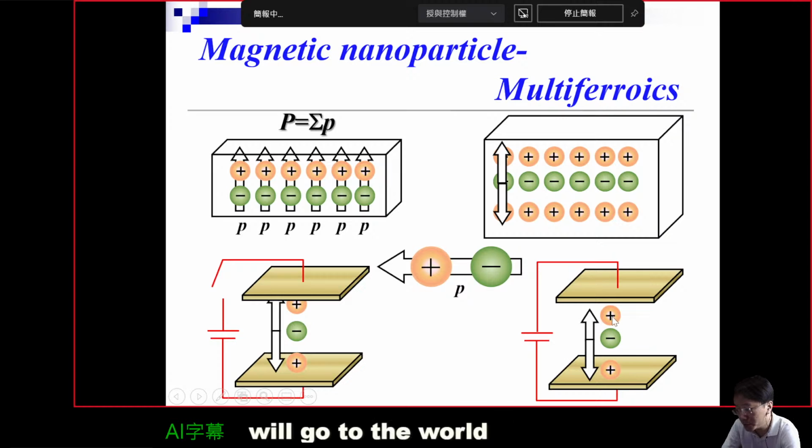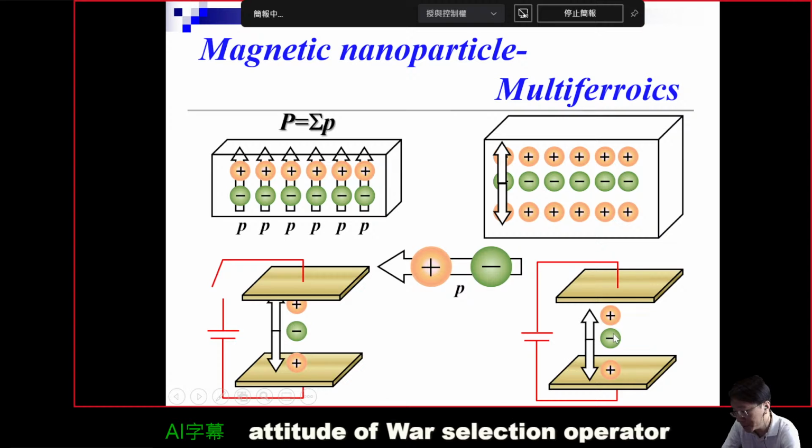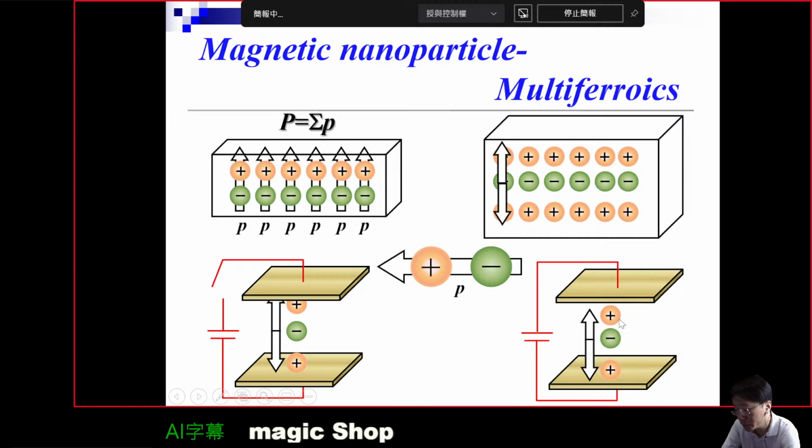So the distance between the upper positive and negative charge pair will reduce, and the electric dipole pair here will increase their distance. So we will get a net polarization downward. This is the idea of how to induce polarization.